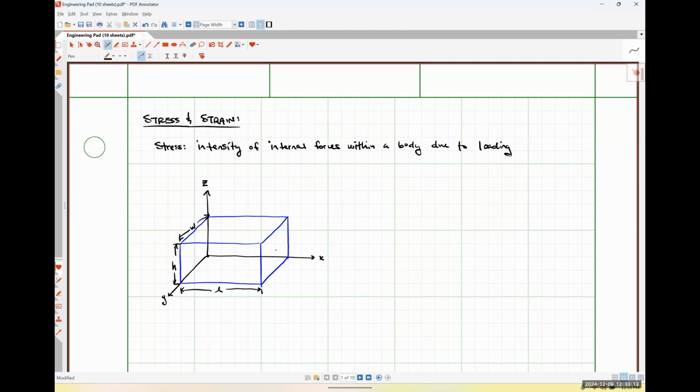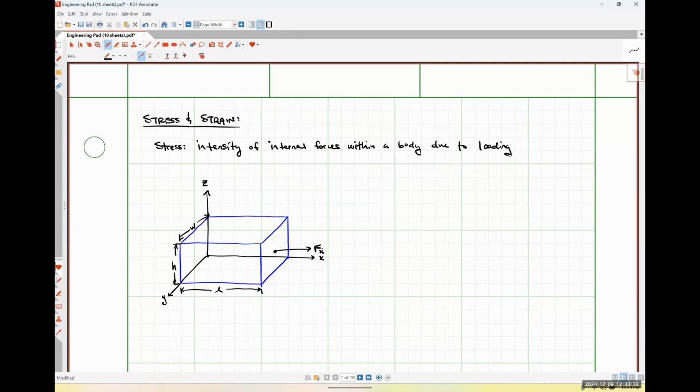And we are going to apply a normal force to this surface such that our force is in the x direction.